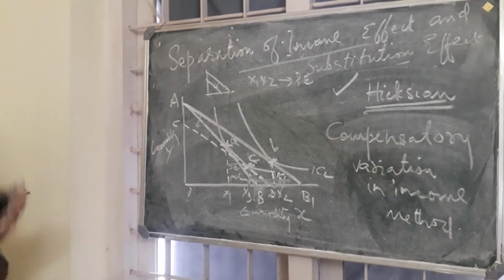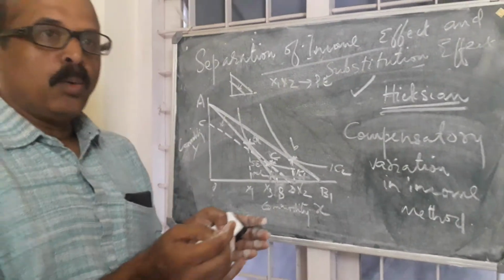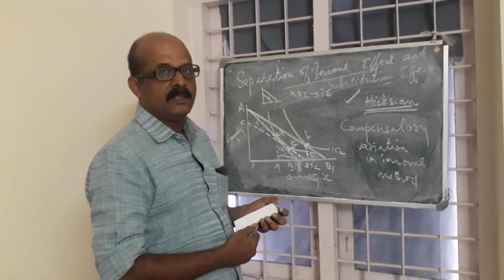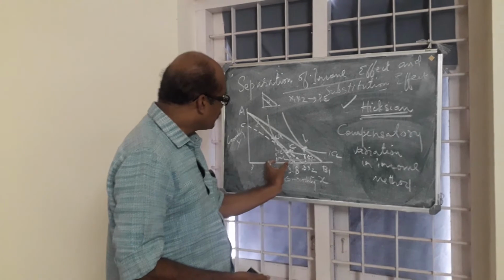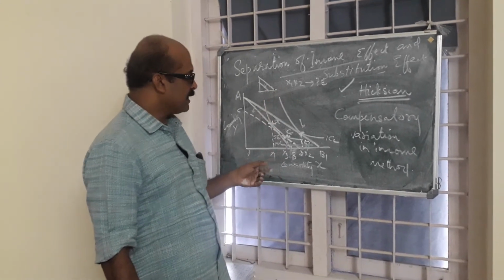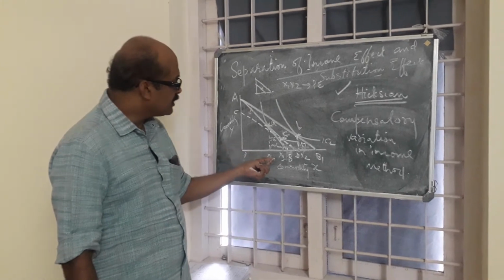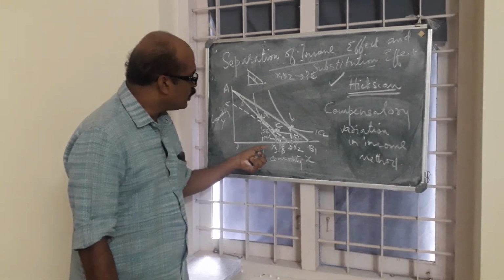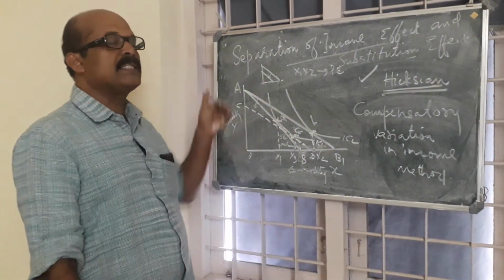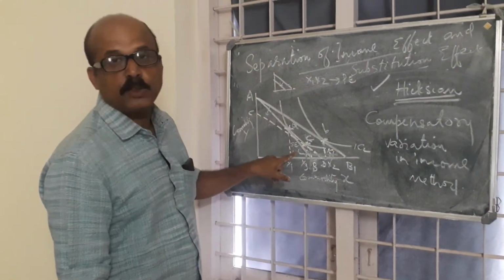After taking away the increased income, what is the increase in demand of commodity X? That is because of the substitution effect, because the relative price change has caused an increase in the consumption of commodity X from X1 to X3. So when we take away the income effect, the change in demand is known as the substitution effect.